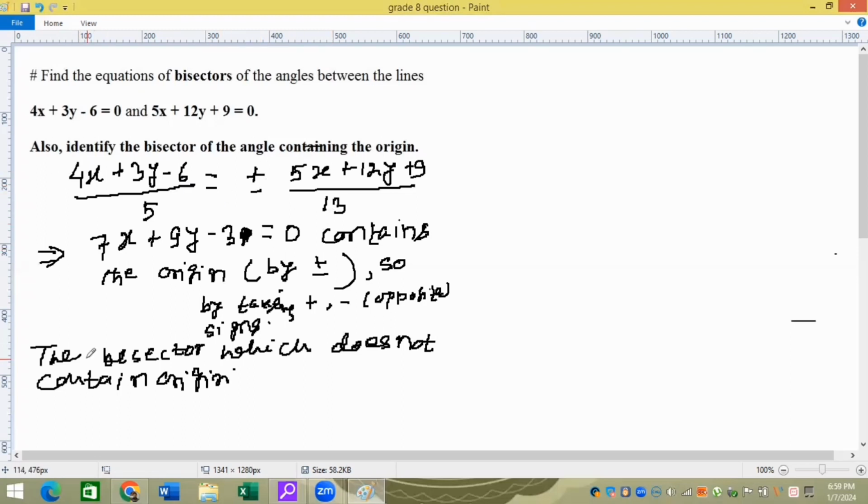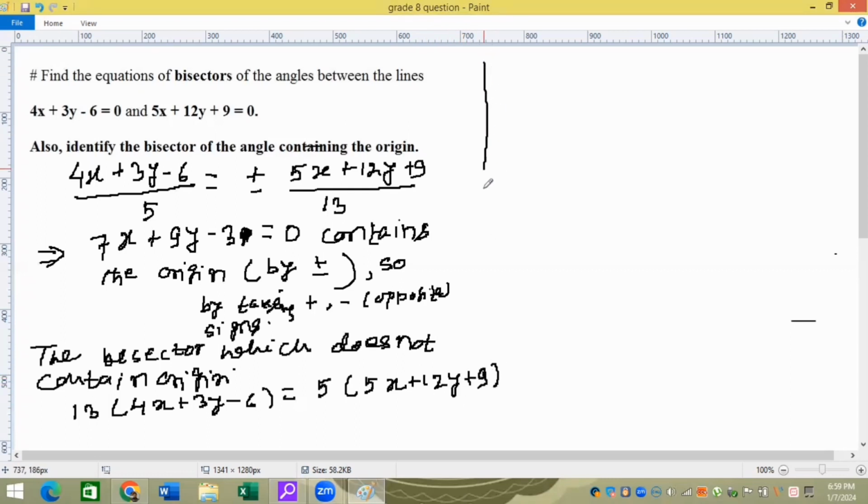This is the 13, you cross multiply to the left side, it is going to be again 13 times 4x plus 3y minus 6, and then 5 you multiply to the other expression side, it is 5x plus 12y plus 9. And after that, let's continue from another side here. So if you multiply this 13 with 4, it is going to be again 52x.